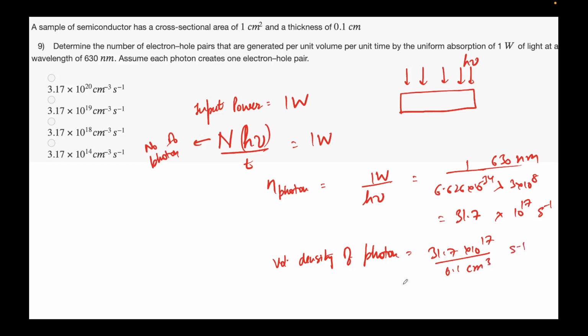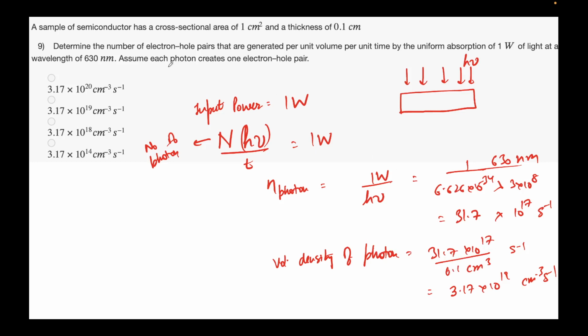This is second inverse. So this will turn out to be 3.17 into 10 to the power 19 cm minus 3 second inverse. This minus 1 will become 18, and I have taken one common from this. So these are the photons falling per unit volume per unit time.